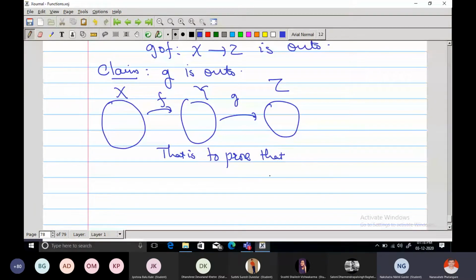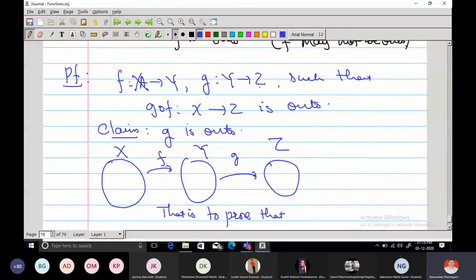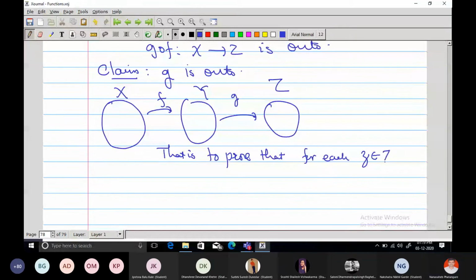No. What is the domain of G? Y. So G is onto means for every element in Z, there is a pre-image in Y under G. Correct? So what we need to prove? For each z in Z, there exists y in Y such that G of y is equal to z. This we want to prove.